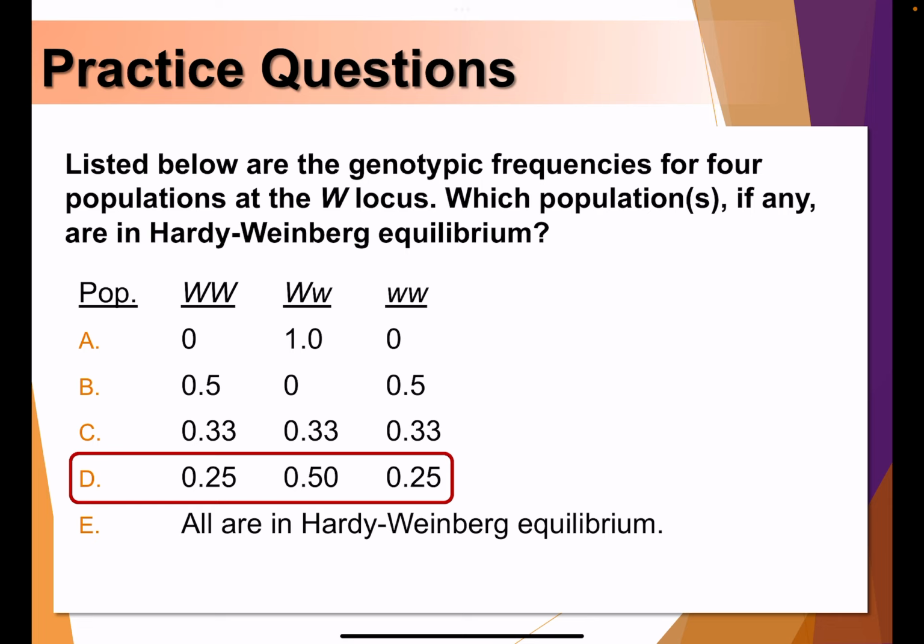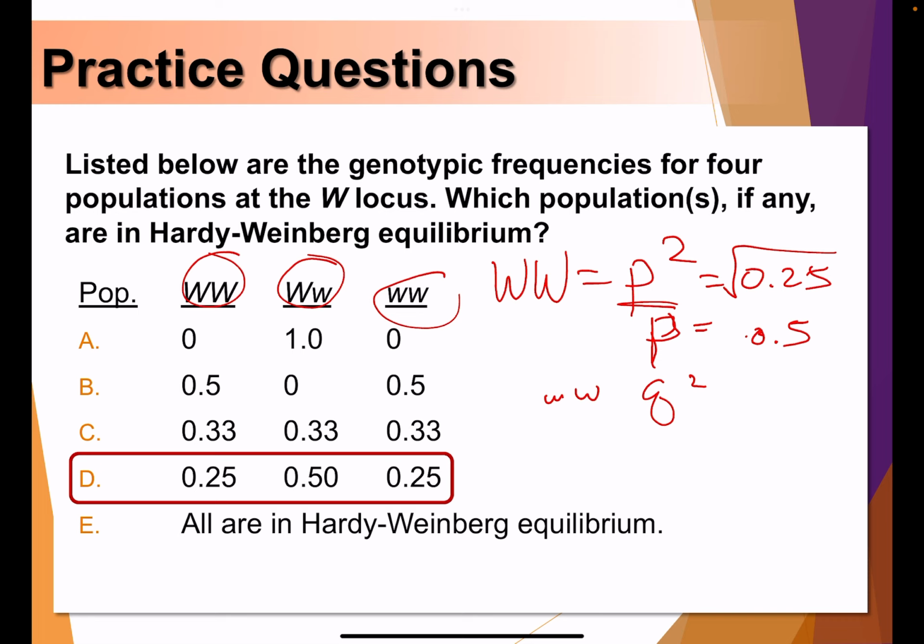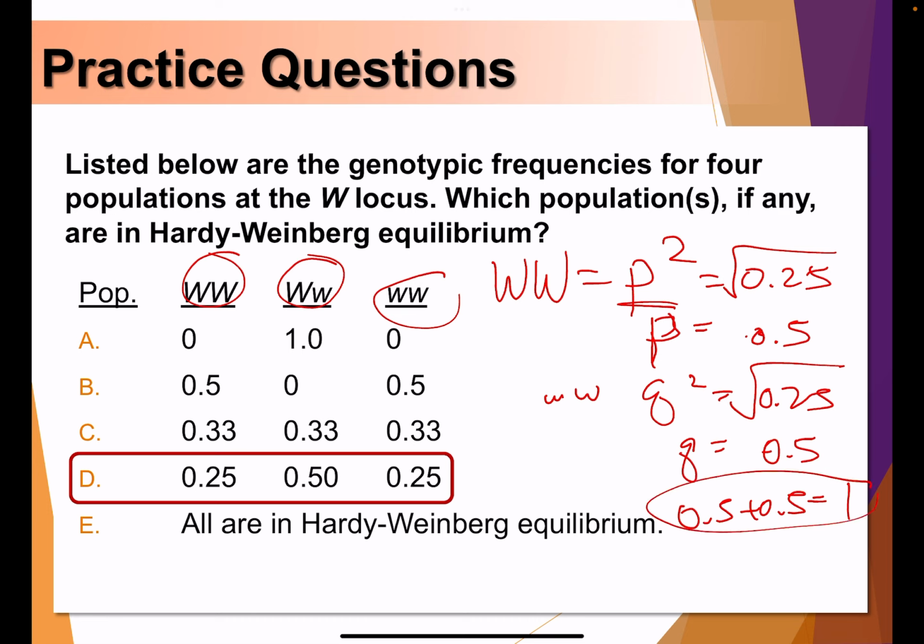The square root of that would be p, which is 0.5. And then q squared, which is little w little w, is equal to 0.25. Again, the square root of that would give you q, which is 0.5. Then 0.5 plus 0.5 is equal to 1, which means this population is in Hardy-Weinberg equilibrium because it has to equal 1. Whereas if you do the same for any of these others, you will not have 1 as a result.